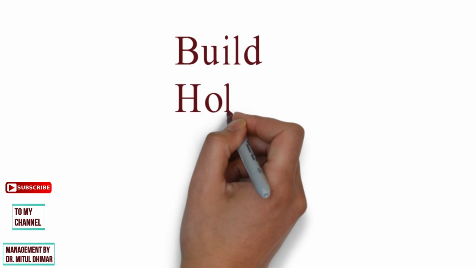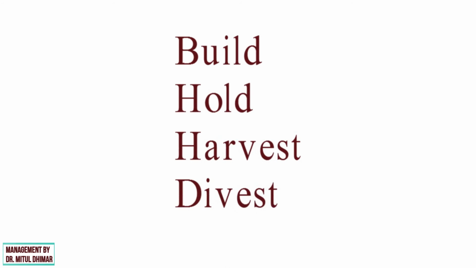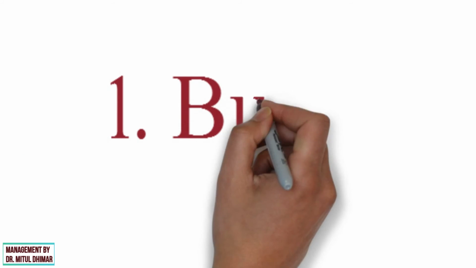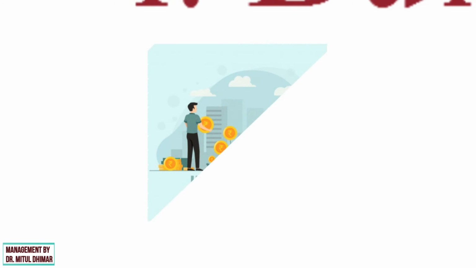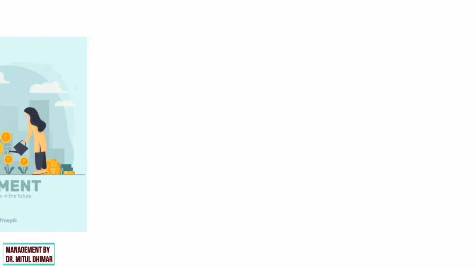From the BCG Matrix, the following 4 basic strategies can be formulated while building a balanced portfolio: build, hold, harvest, divest. Number 1. Build. Invest heavily in stars. High market shares and high industry growth means a greater likelihood of future success.